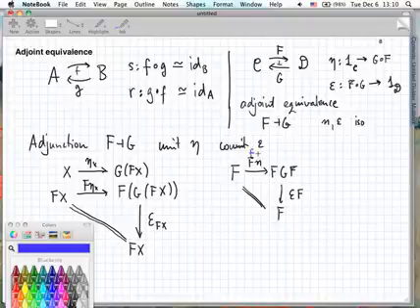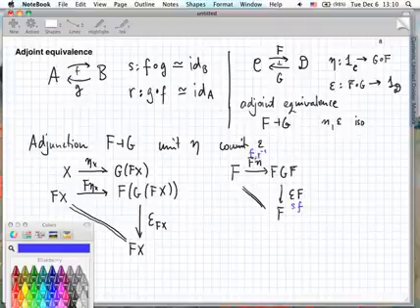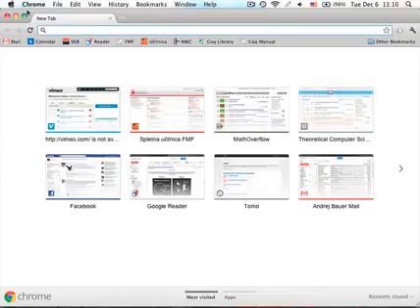Eta is going to be like R to the minus 1. This is going to be S. And this is going to be F. And so this should be the identity. So F R to the minus 1 and S F.